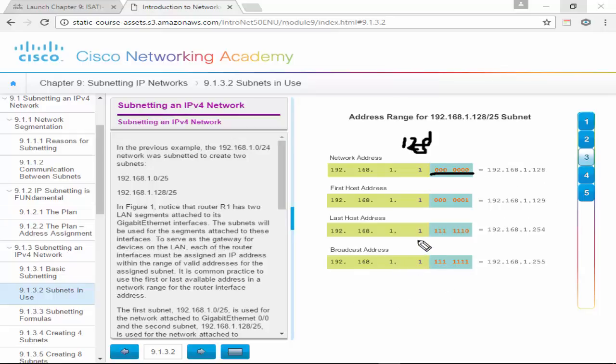Just as with the last one, this is still 128, so we just have to add on to it when all the host bit 1s are there, and it would show us that it is at 255, and that's the broadcast for this network. So we can assign any address in between 128 and 255 based on the host bits that we know.